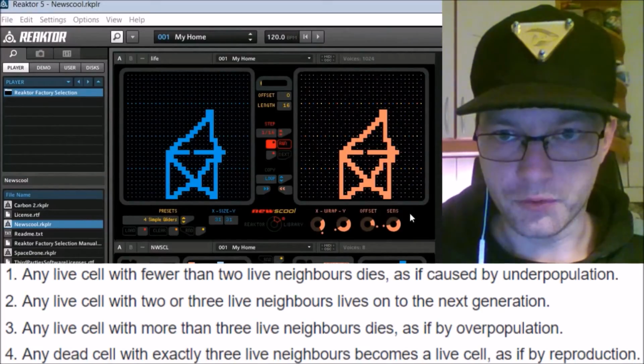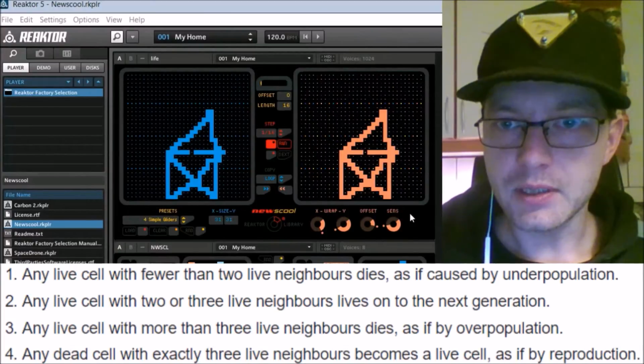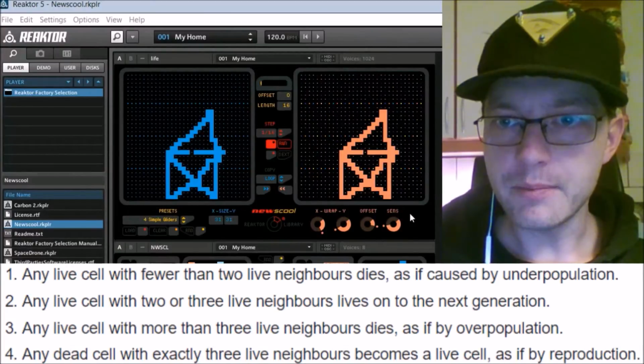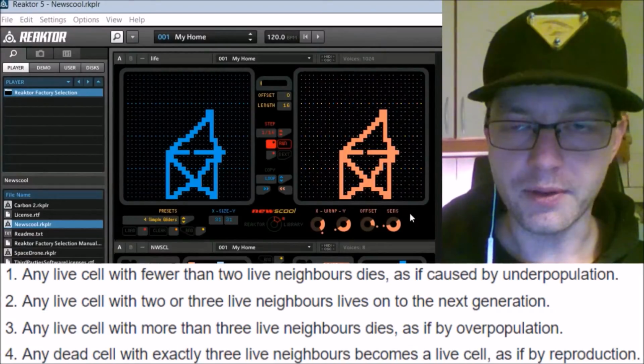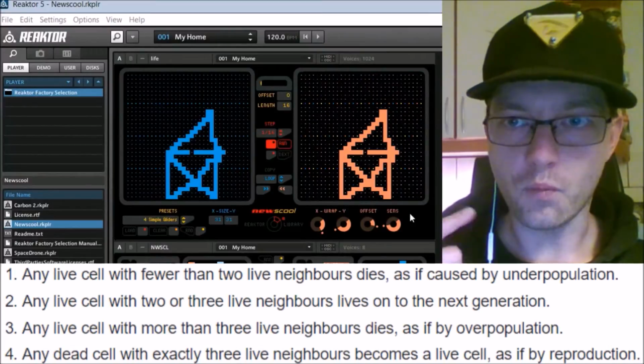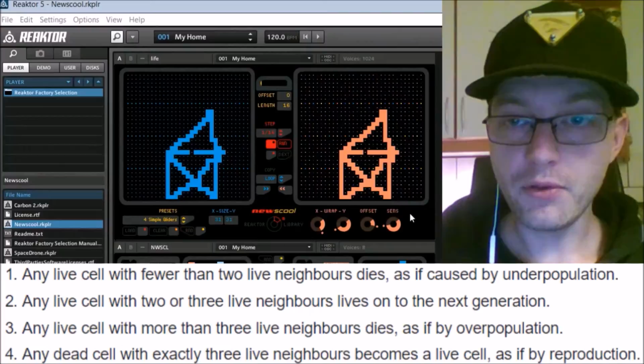Right guys, so the rules. Rule number 1. Any live cell with fewer than 2 live neighbors dies as if caused by underpopulation. So, if you have 1 dot, it will die. If you have 2 dots, they will both die.